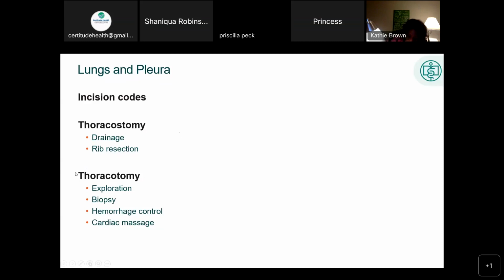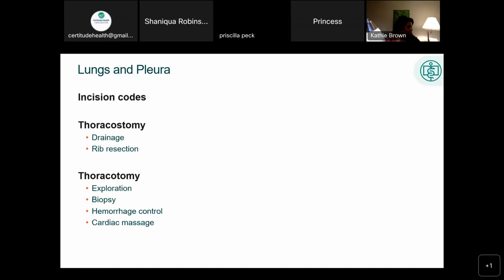Then the thoracotomy is when they're actually having to cut open the chest cavity, because thorax is the chest cavity. So they actually have to cut the chest open to explore. Same example, could be a gunshot wound. They're trying to find the bullet, so now they gotta really open.